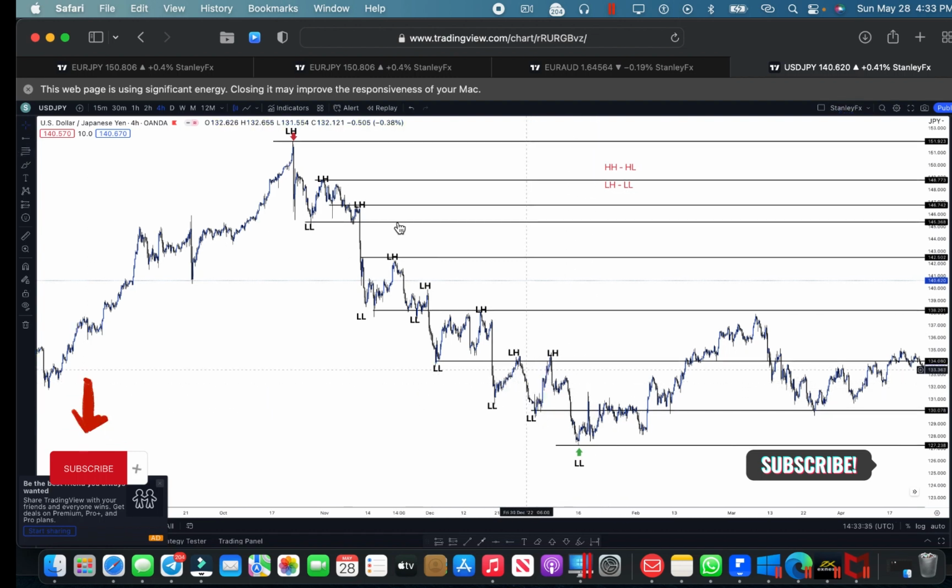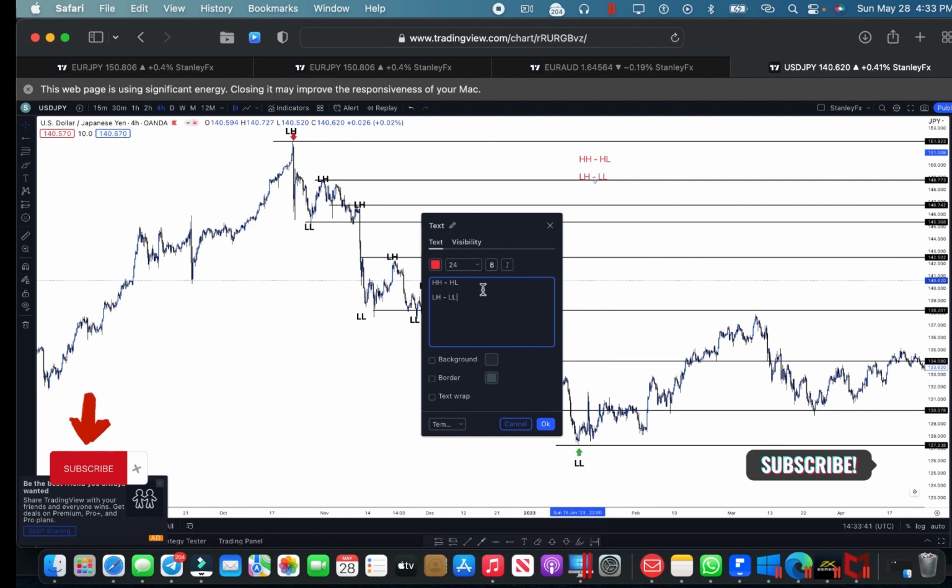Okay. So simply when we look at this guide of ours, we're looking to buy from where? We're looking to buy from a higher low. Well, let me just say buy low. Let me do this.